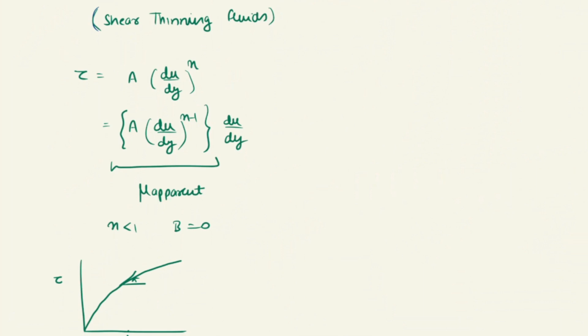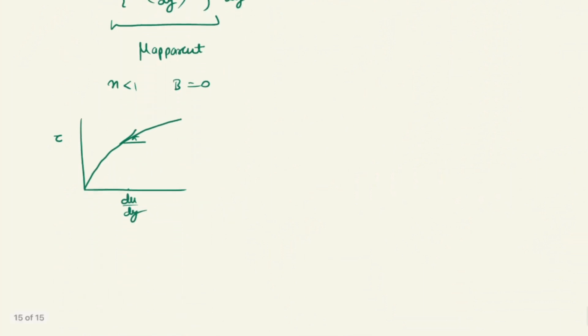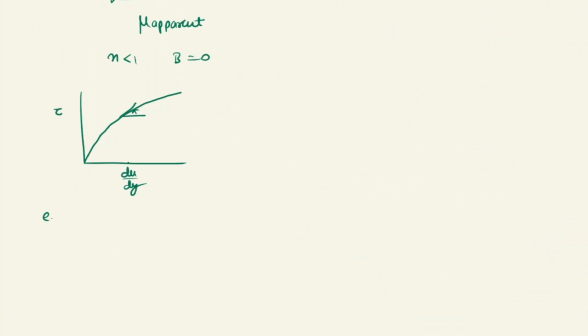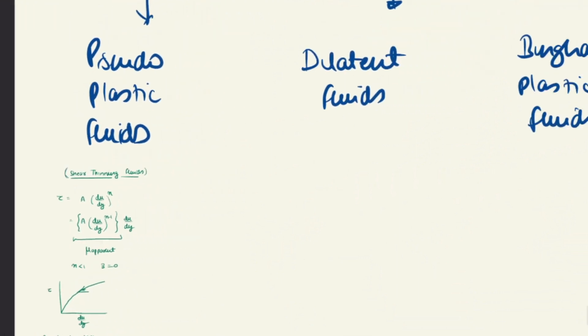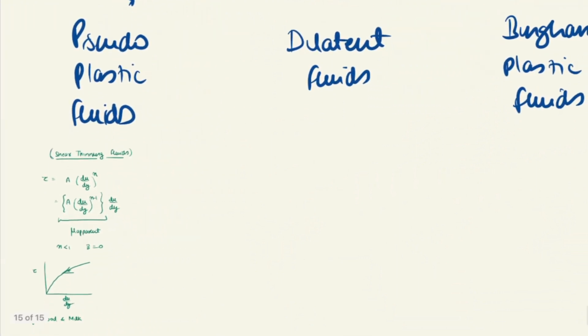Hence, we can say that these are shear thinning fluids. Let's see some examples of pseudoplastic fluids, that is blood and milk. Okay, we have covered our first, that is pseudoplastic fluids. So let's demarcate it as covered.